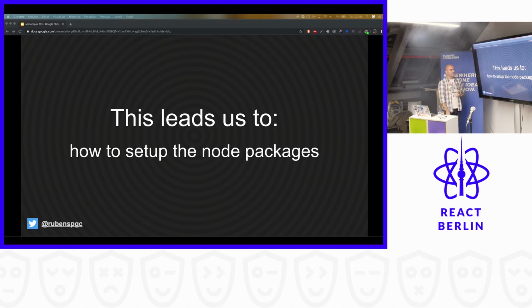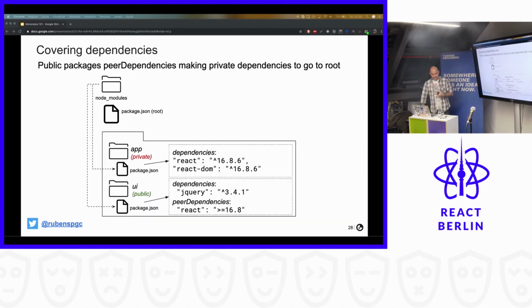Okay, this leads us to how to set up the Node packages. From my point of view, when you're doing a monorepo, this is the common scenario. You have your UI package, for instance, with the peer dependency React. So whoever is using it needs to install at least React 16 to make it happen.